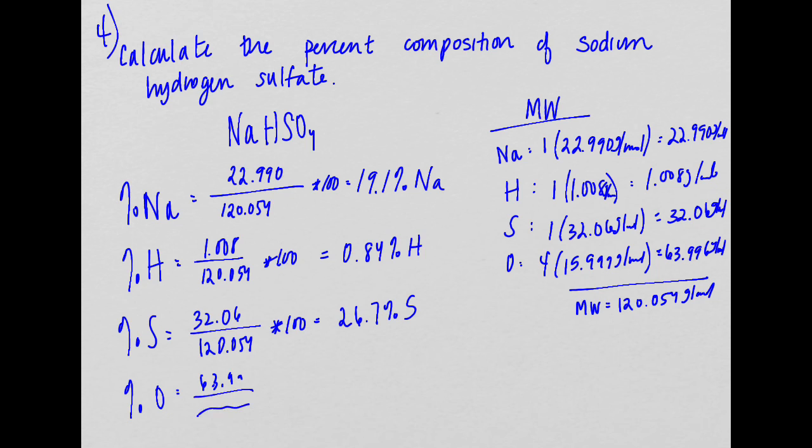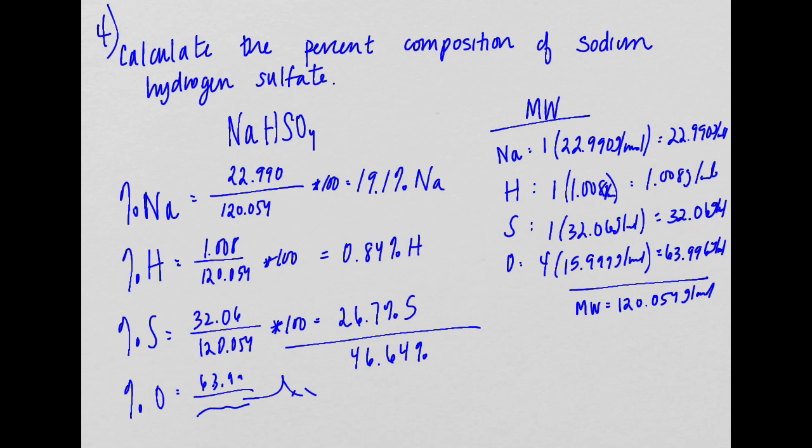All right, now we could do 63.99 divided by the molecular weight times 100, or what we could do is just add up our percentages here and then subtract that number from 100. So when we add up 19.1, 0.84, and 26.7%, we get 46.64%.